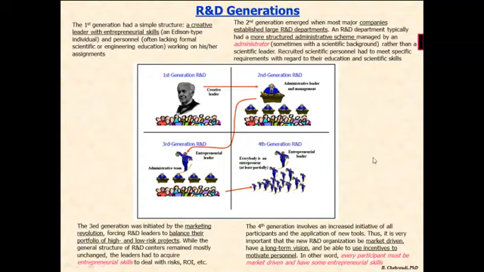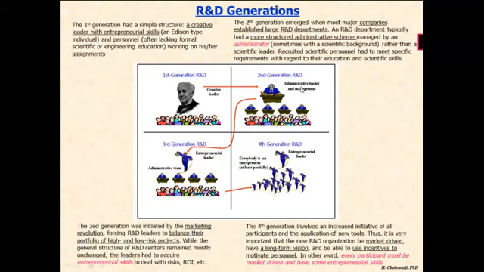Here's also a cartoon that depicts in a pictorial way the differences between first generation, second, third and fourth generations, and we will go through that. First generation essentially is characterized by a creative leader with entrepreneurial skills, and all the other personnel, often lacking formal scientific or engineering training, working for him or her as an assignment.